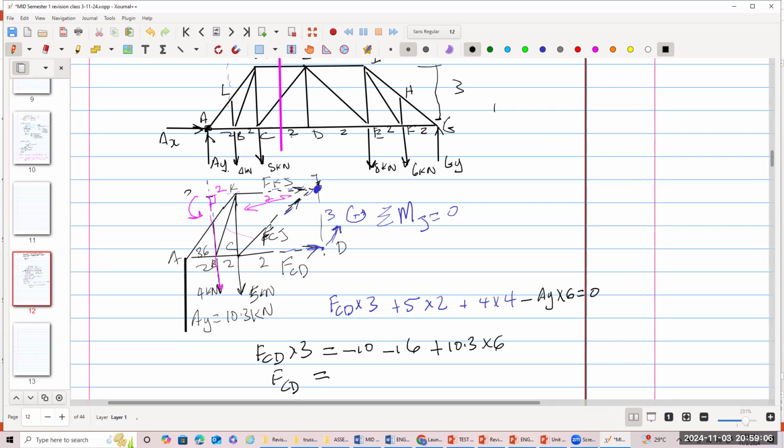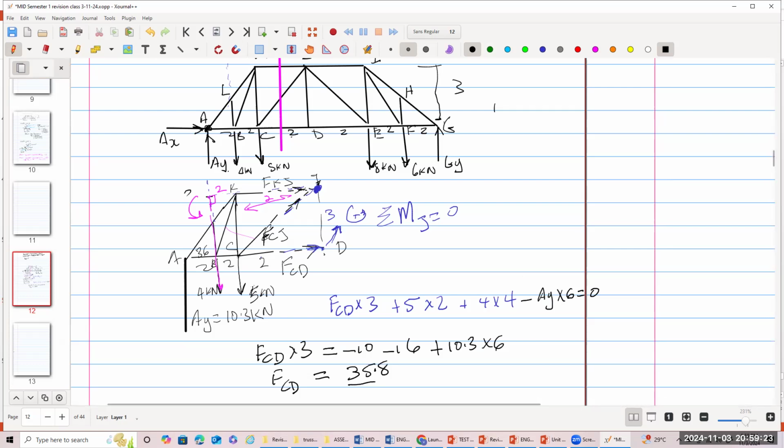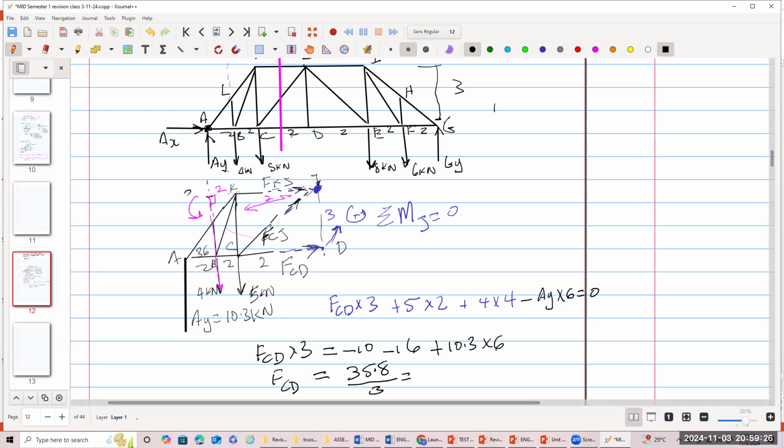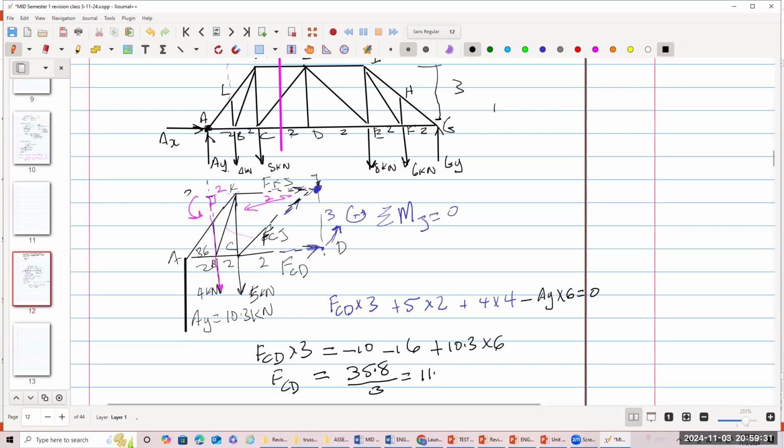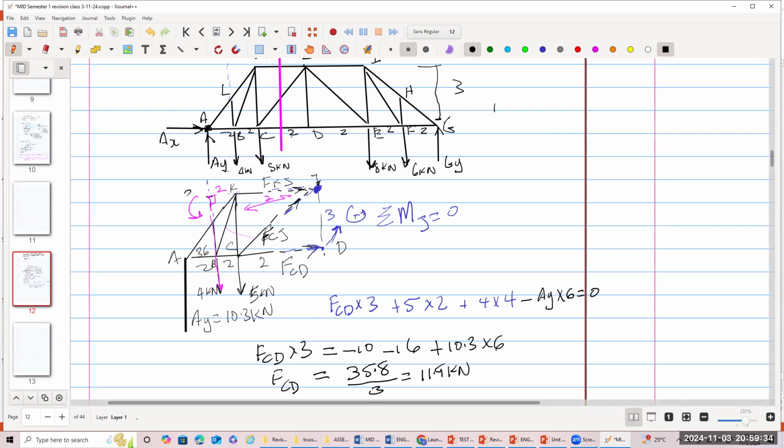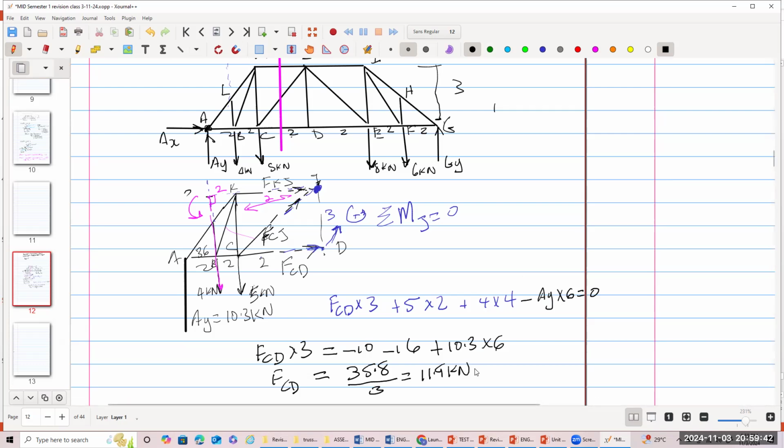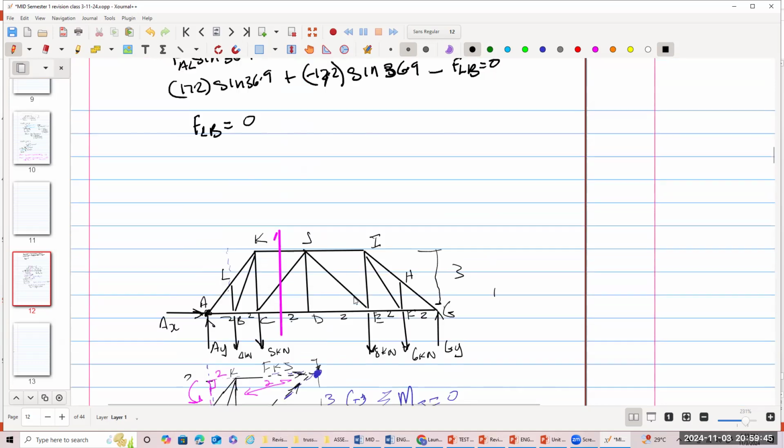So it's 26 minus the 60. 10.3 minus 26, so it's positive. 35.8 divided by 3, so you're getting here 11.9 kilonewtons. That's what I'm getting for it. You can double check it. And I'm getting that it is in tension.